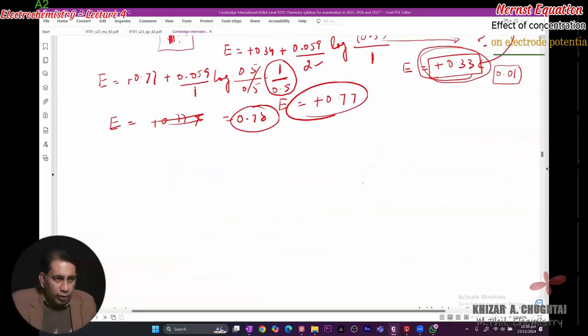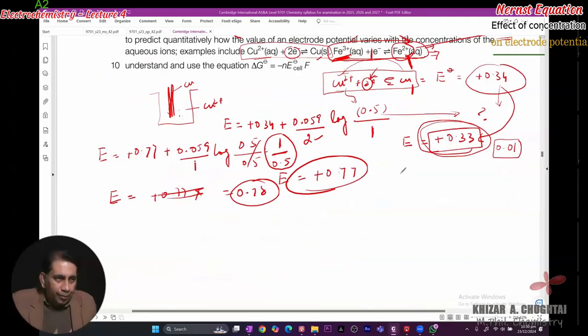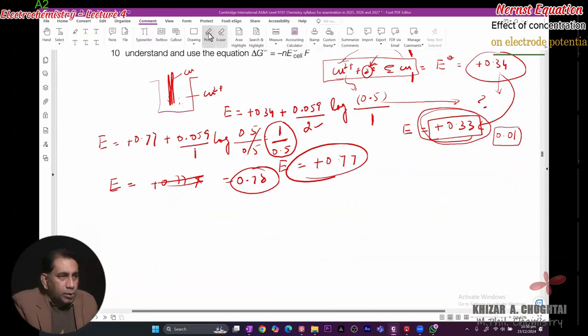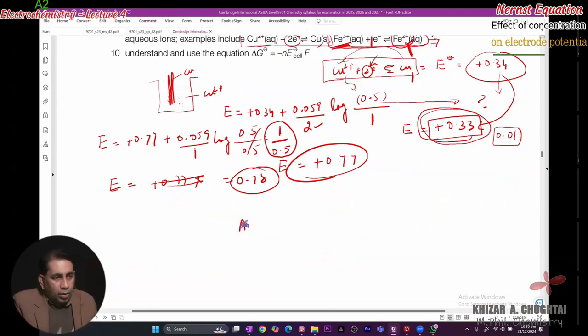For example, I'm going to write another equation. For example, Ag positive ion, there is one thing more.